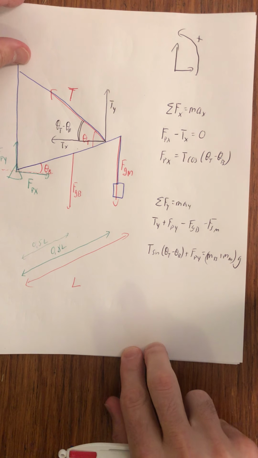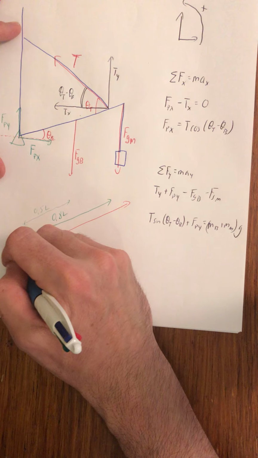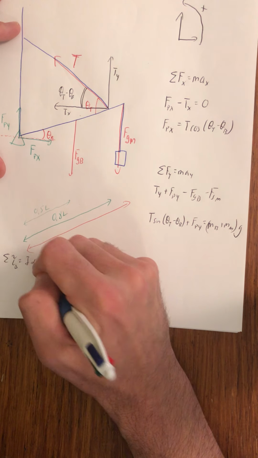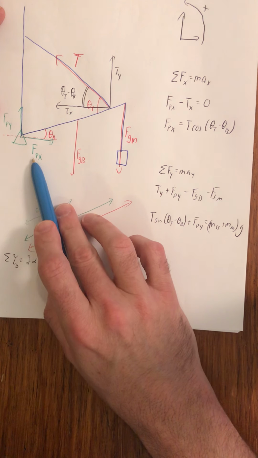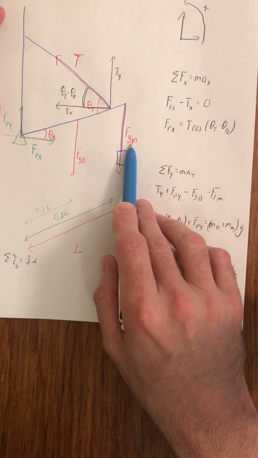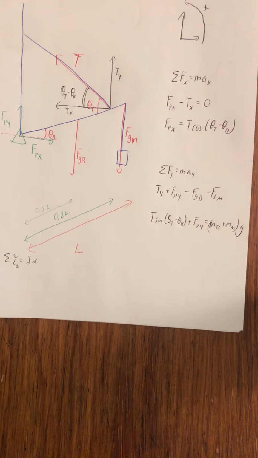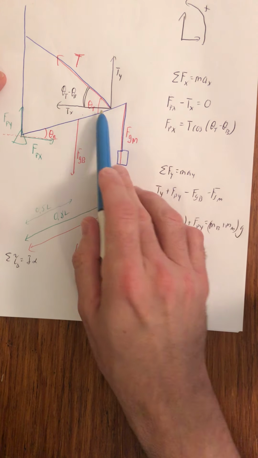So here we go. I'm just going to construct that down here. Sum of torque about that pivot is equal to I alpha. Let's look at what produces a torque here. The two pivot forces won't, but the two weights will, and both components of the tension will. So we ask what's producing positive versus negative torque.